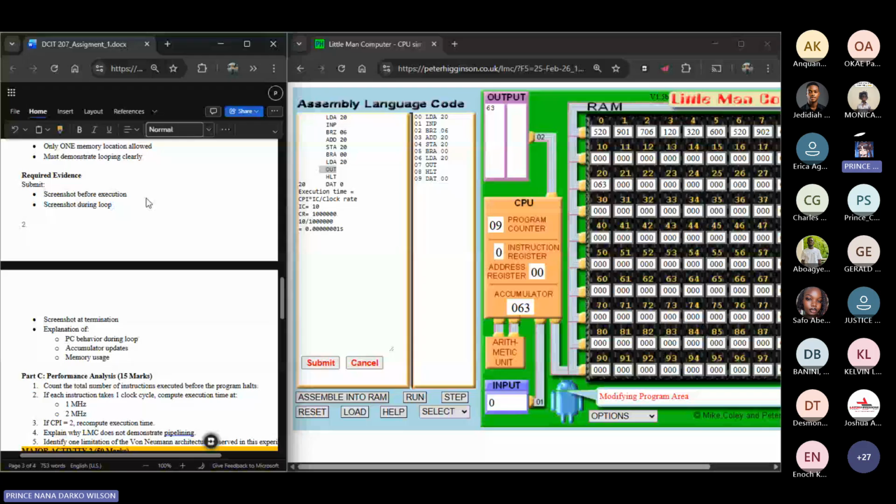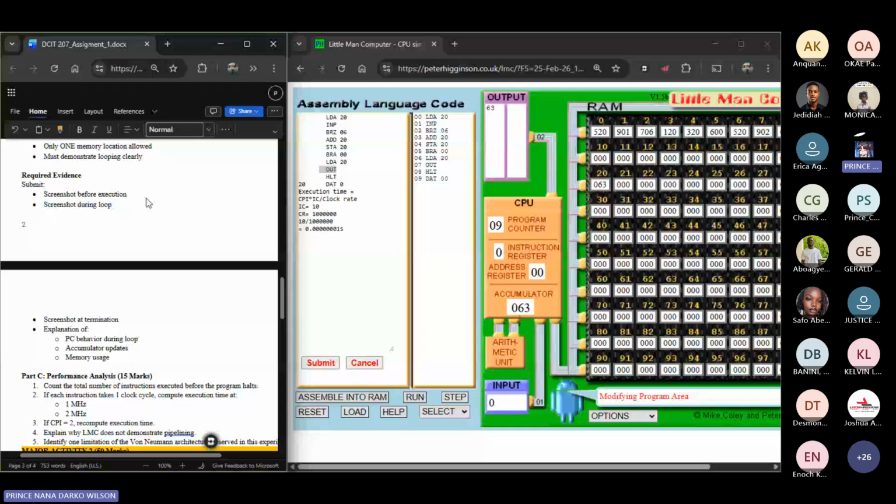All right. So while you do that, Mona, let me re-explain to you, okay? Listen closely. The formula for calculating the execution time is cycles per instruction times instruction counts all over clock rates. If each instruction takes 1 clock cycle, the cycles per instruction is 1.